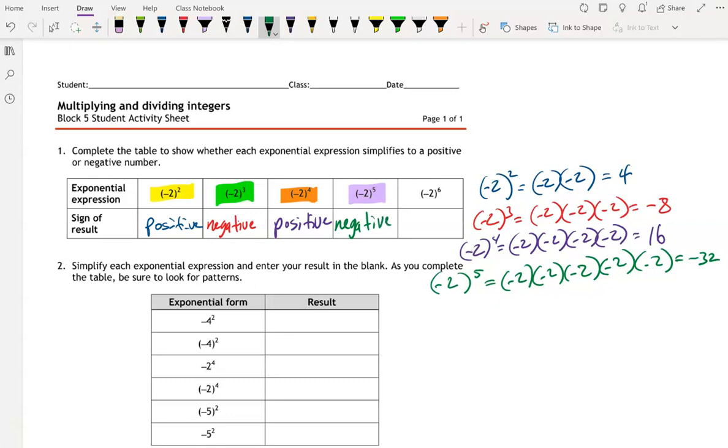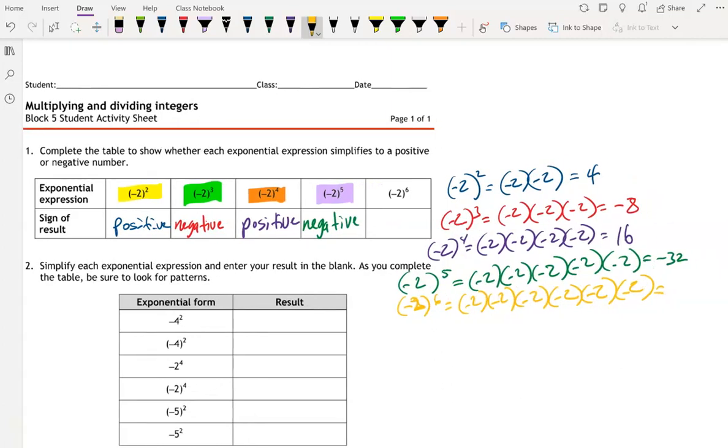Okay. Now, one last time here, we can work through negative 2 to the sixth power. Negative 2 to the sixth power is, of course, negative 2 times negative 2 times negative 2 times negative 2 times negative 2 times negative 2. 1, 2, 3, 4, 5, 6.